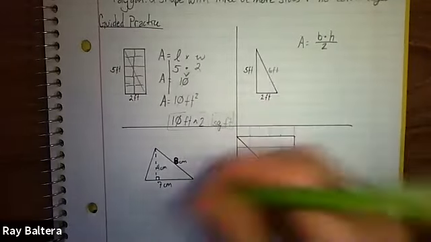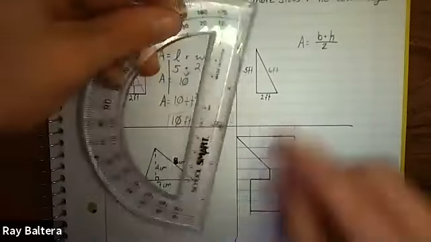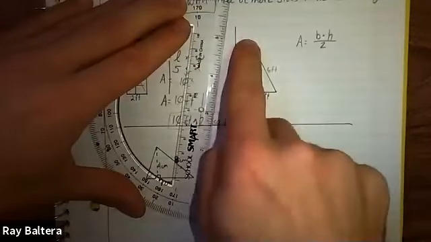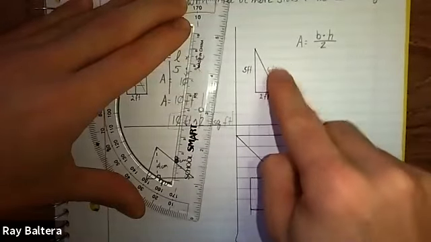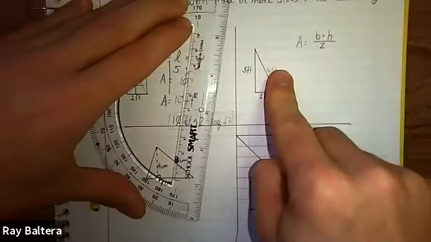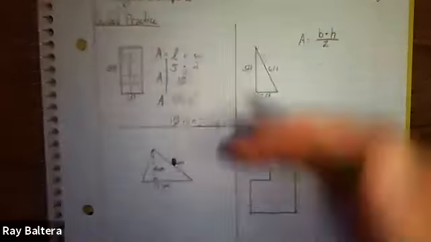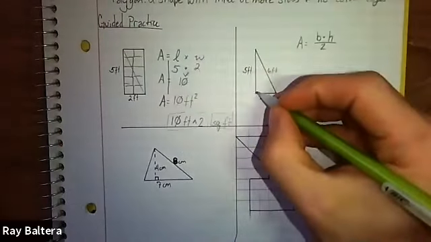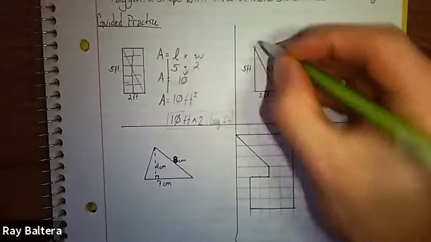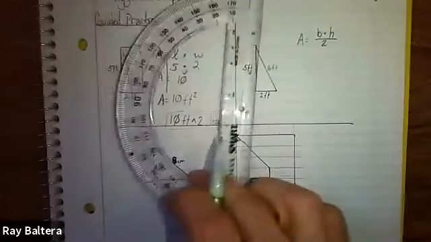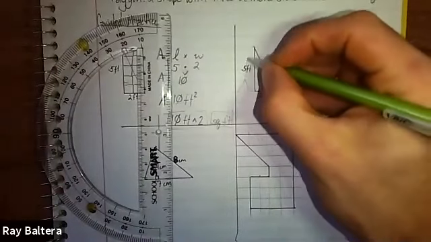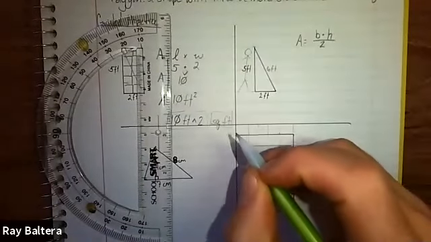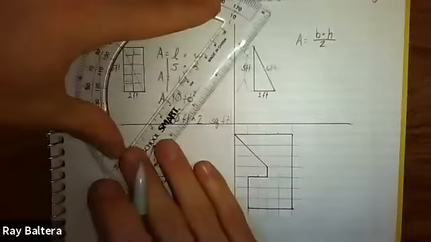When you find the height, you need to look for the thing that is straight up and down. If you have something diagonal like this, this is not the height. When you measure how tall something is, you measure from the floor to the top, straight up and down. If I were to measure a person, I would not measure like this.